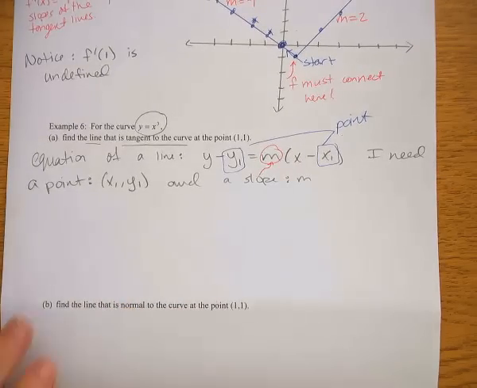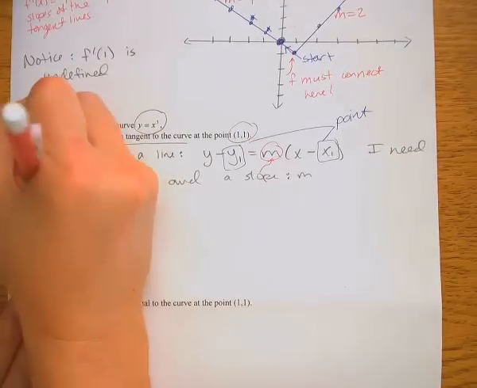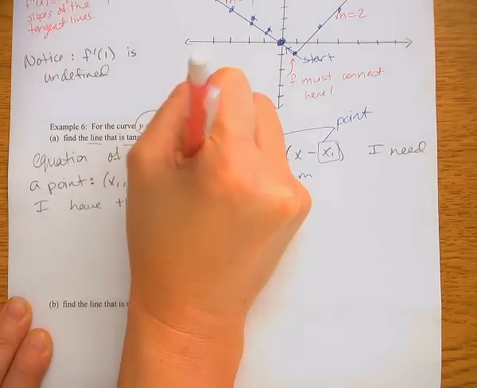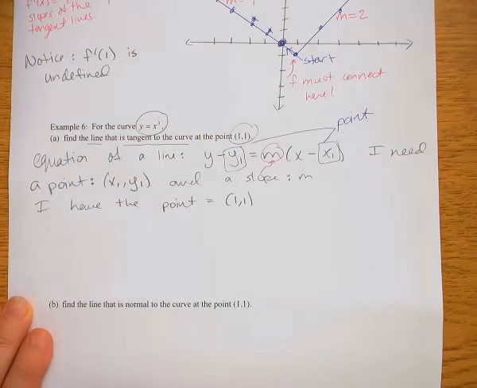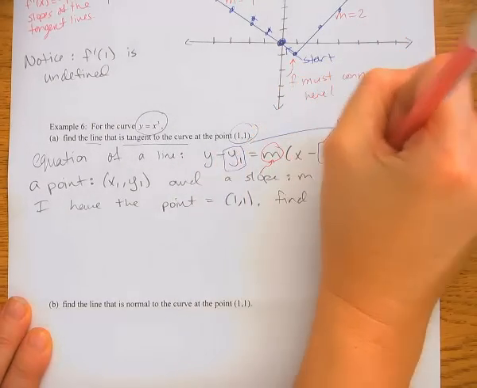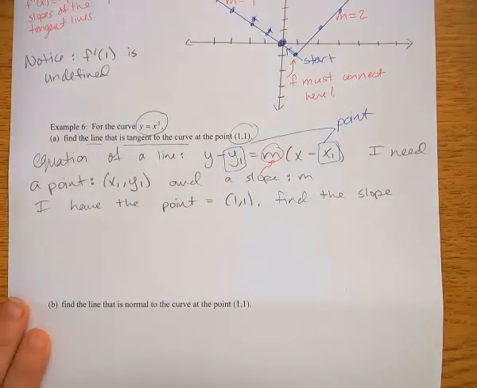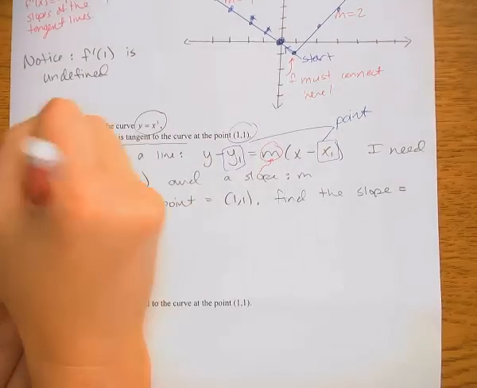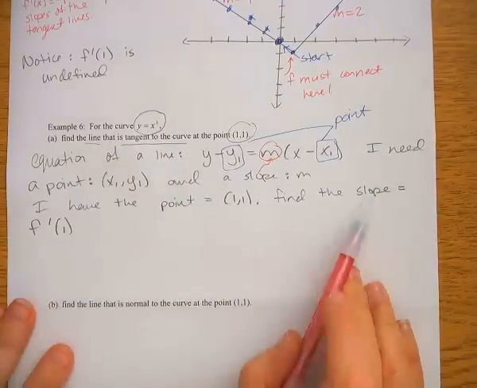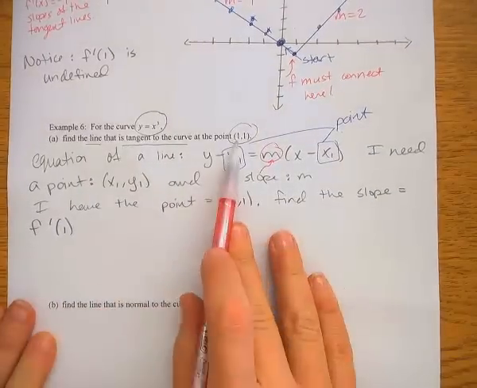Well, I'm in luck. They gave me the point. So I have the point, and that's 1, 1. I need to find the slope. So the slope is equal to f prime of 1. The slope of the tangent line is equal to the derivative of f at that point.